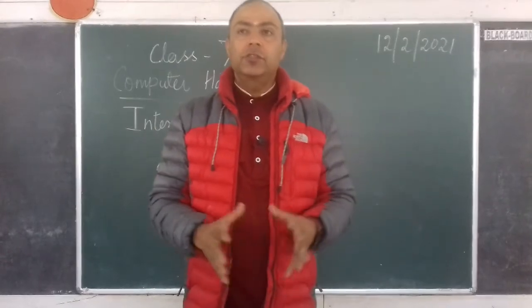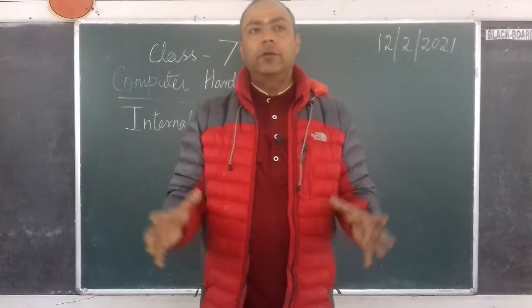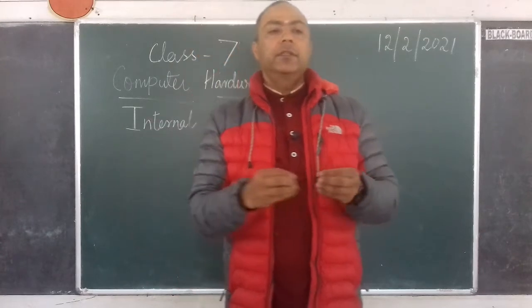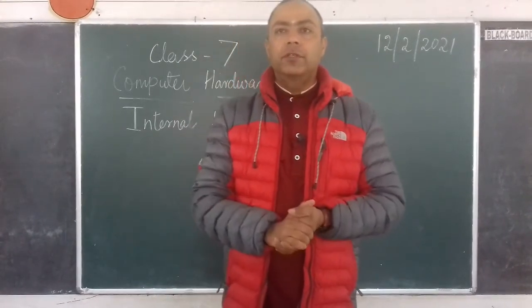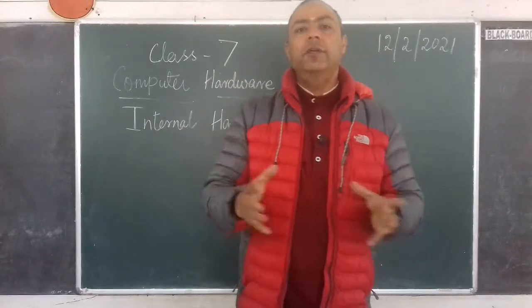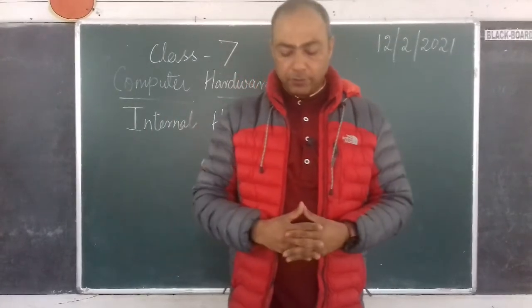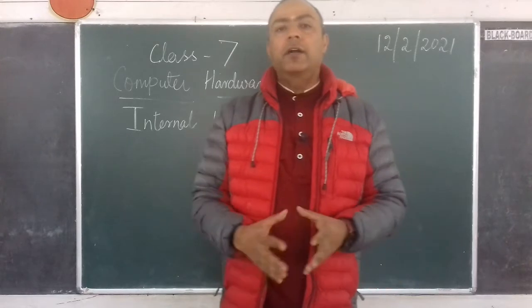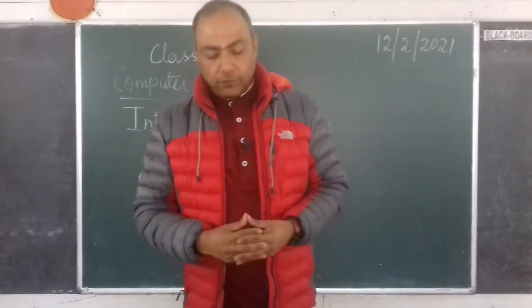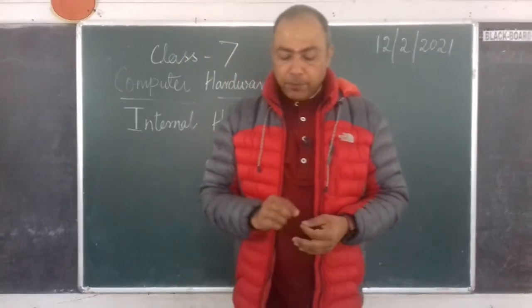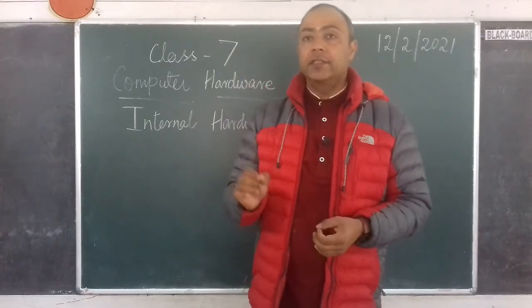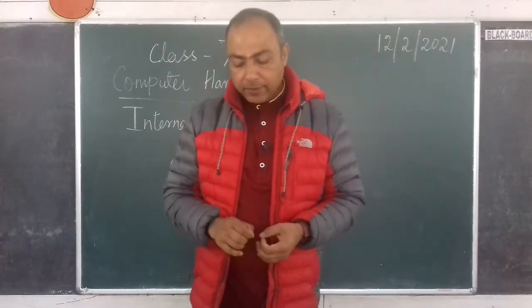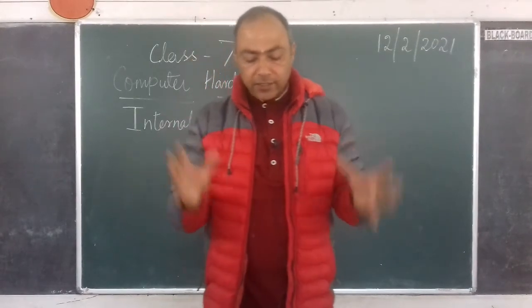These functions are carried out by using the hardware components and the software components. The combination of hardware and software makes a computer system. So computer hardware is very important for the computer.